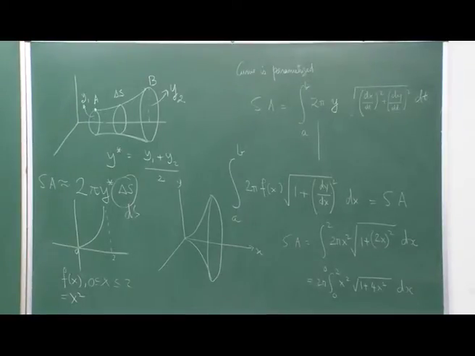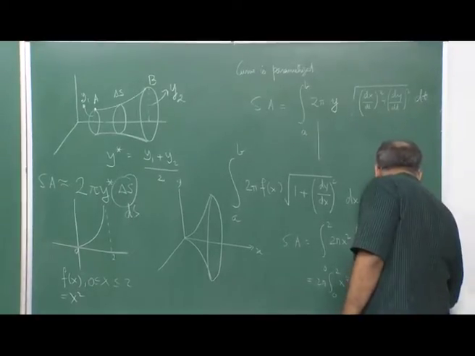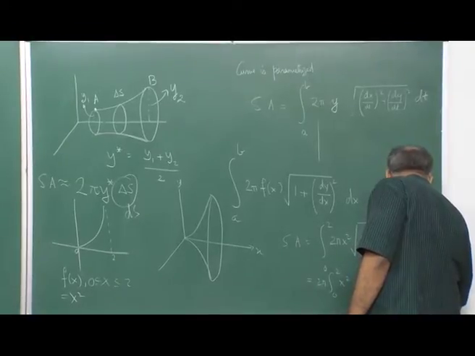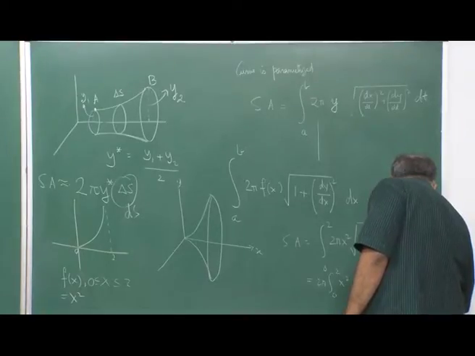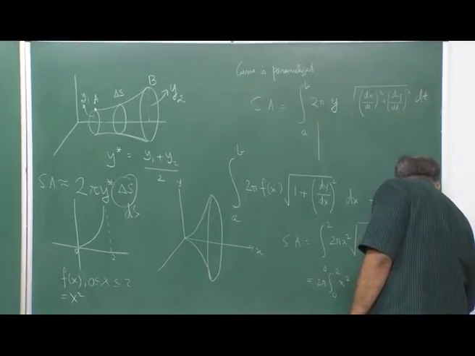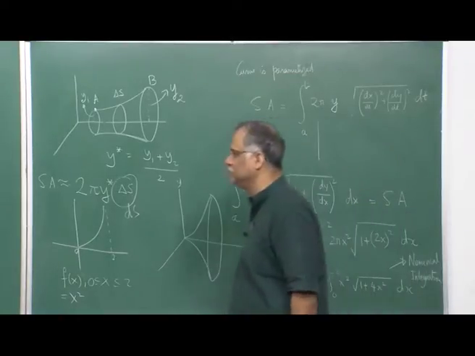So, what are you going to do in such a situation? In such a situation you have to talk about numerical integration. So, here I am bringing you to the reason why we need to talk about numerical integration. You numerically solve this problem.